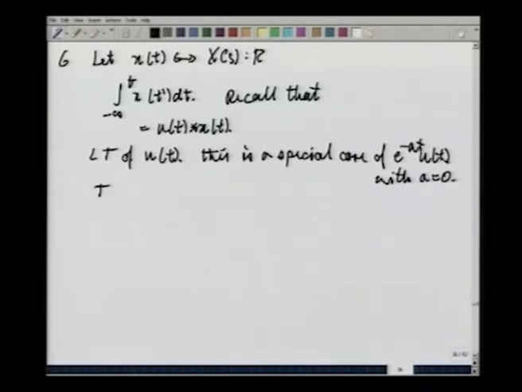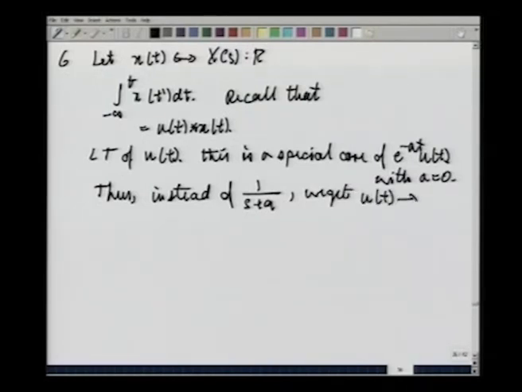Thus, instead of 1 by s plus a, we get u(t) transforming to 1 by s. Just put a equal to 0. So, u(t) transforms to 1 by s with an ROC of sigma greater than 0, because the function 1 by s has a pole at the origin. So, sigma greater than 0 is the ROC.